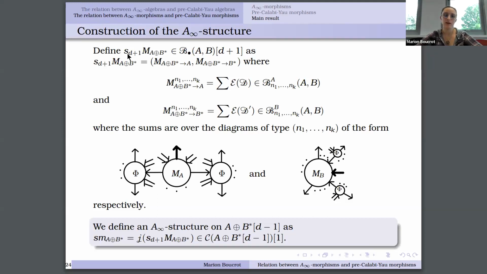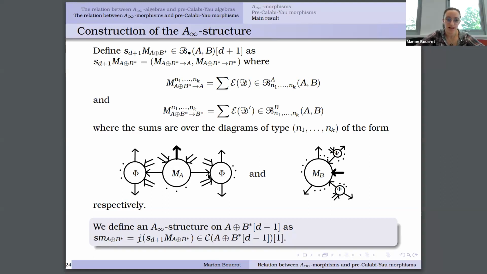We want to define an element in here, and using the previous proposition that gives the isomorphism between B of AB shifted by D plus 1 and the direct sum of BA and BB, we will define this element with those two components. Here we will have an element in BA, and we define it with this kind of diagram. Here we have the pre-Calabi-Yau structure on A.